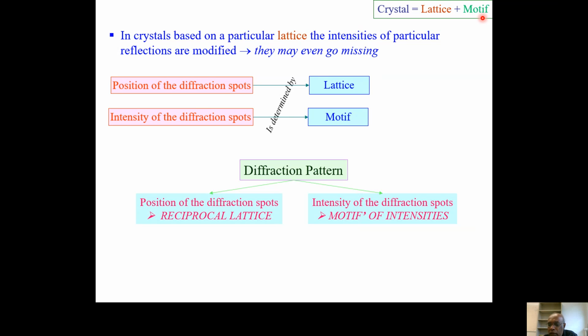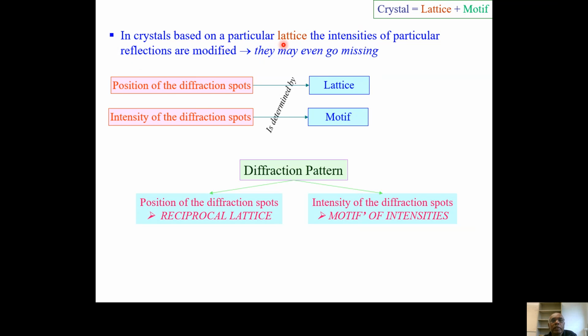If you take a polymer crystal or protein crystal, the motif will have many atoms, but they all have one specific lattice structure. So when you talk about a crystal, there are two things, the lattice and the basis. Sometimes we call this a motif.